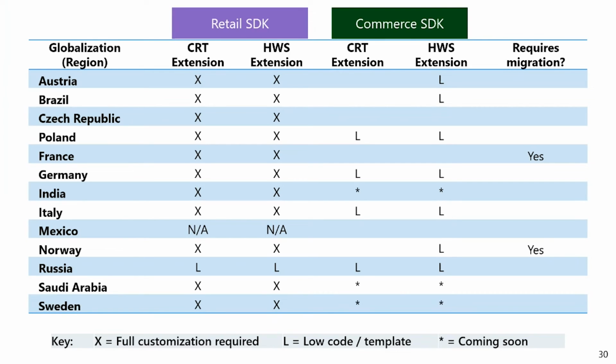I will note that we are still transitioning some regions over to the Commerce SDK, so regions like India, Saudi Arabia, and Sweden are not yet supported, and you still have to use the Retail SDK pattern. But we are working on those now, and we hope to have those regions enabled soon in Commerce SDK.